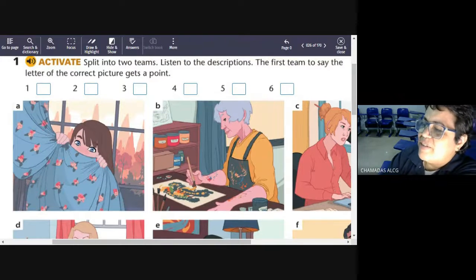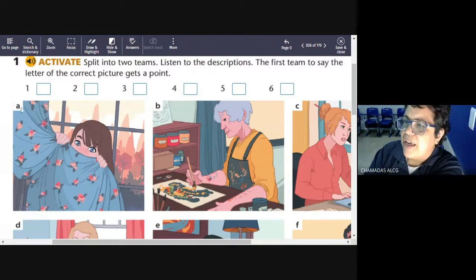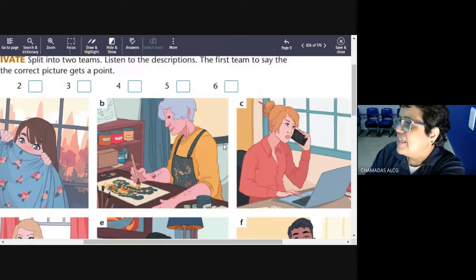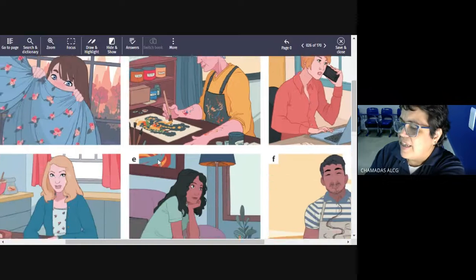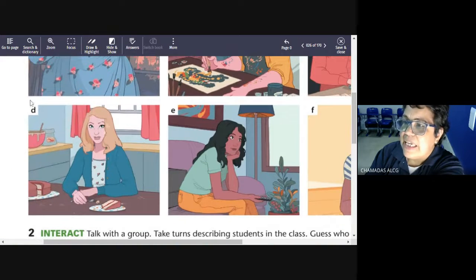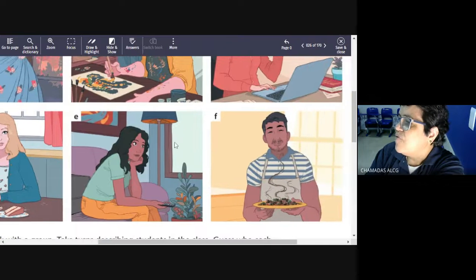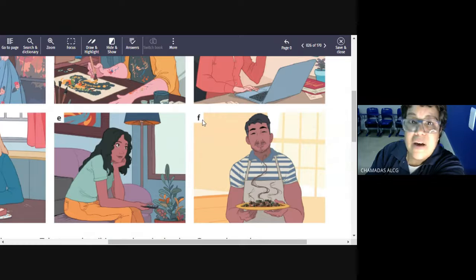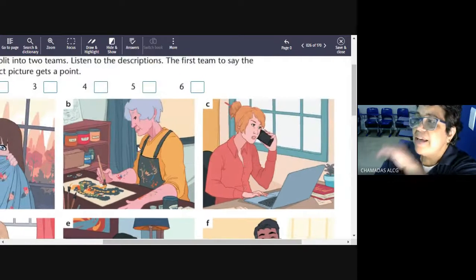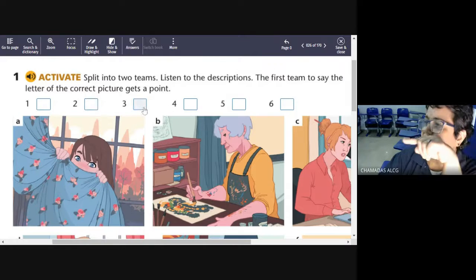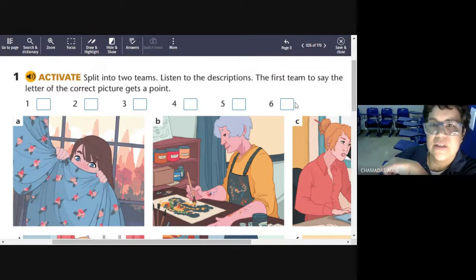So here we have letters A, B, C. Okay. Then here, letter D, letter E, and finally, letter F. So as we listen, we should put the letters in the boxes.